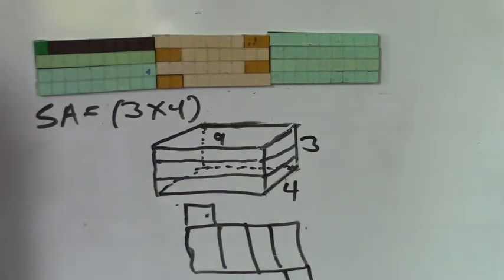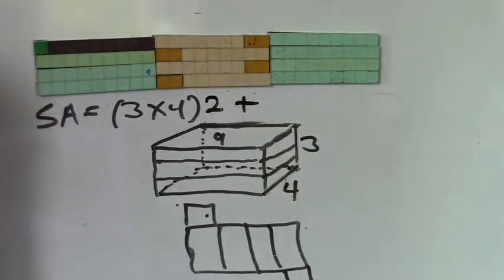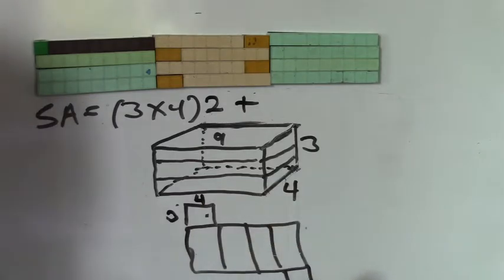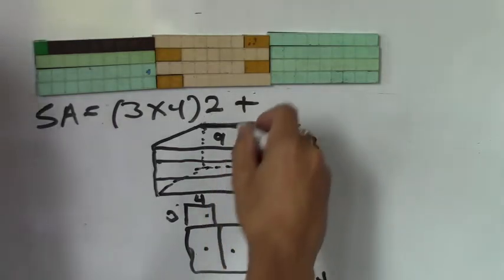So I've got 2 of those. Plus, I just did this, that's my 3 times 4. Now, I have 4 panels, but not all my 4 panels are the same. That's very good. Because I have 2 of them that are what?